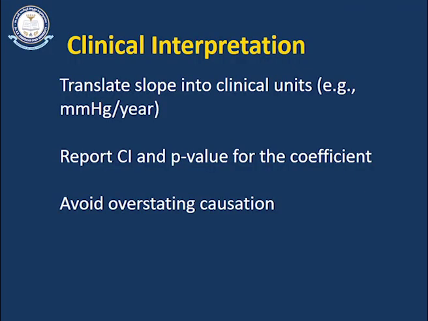There are a variety of reasons why in hospital administration we use regression analysis, like clinical interpretation. You can translate the slope into clinical units, for example mmHg per year. You can also report the CI and p-value for the coefficient, and try to avoid overstating causation, the cause and effect relationship, in regression.